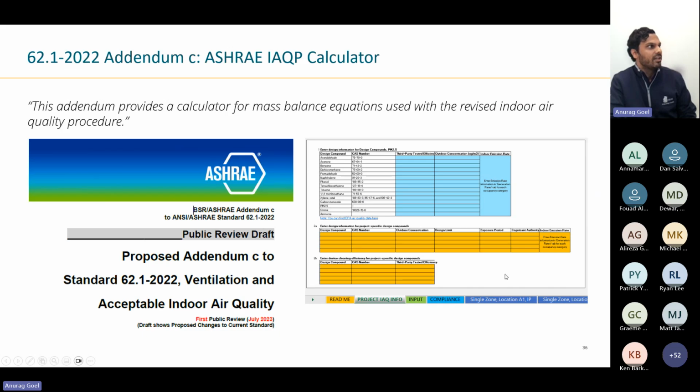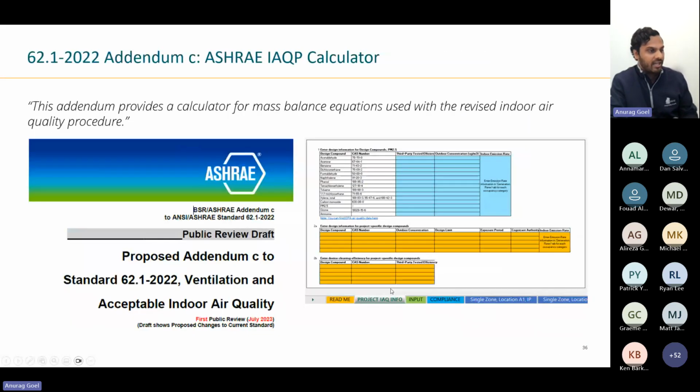All right, so I mentioned earlier that in step 4, there's an ASHRAE calculator. This calculator was published last summer as addendum C to 62.1. Within this calculator, you have really similar inputs to VRP, such as floor area, occupancy, system efficiency.